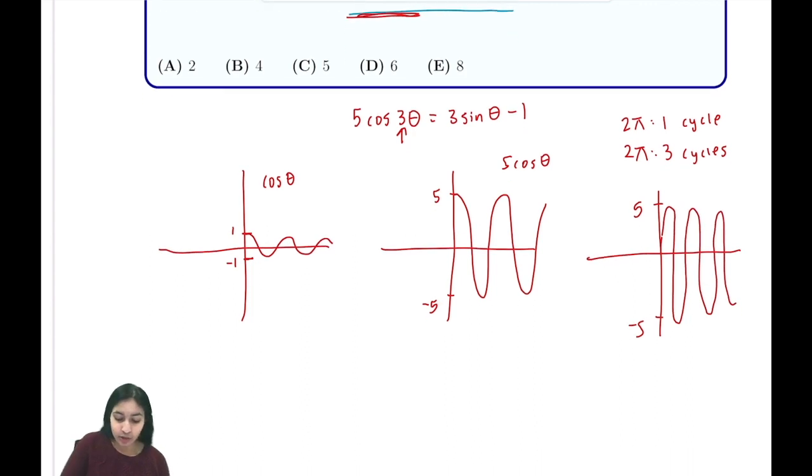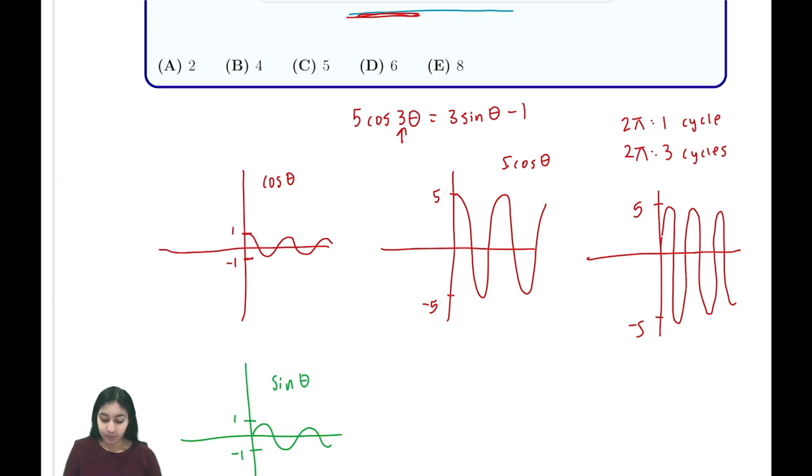Now we're going to do the same process for this, and we know that the graph of sine theta looks something like this, with a maximum of 1 and a minimum of -1. So when we have 3 sine theta, it's just expanded up to 3 as its highest and -3 as its minimum.